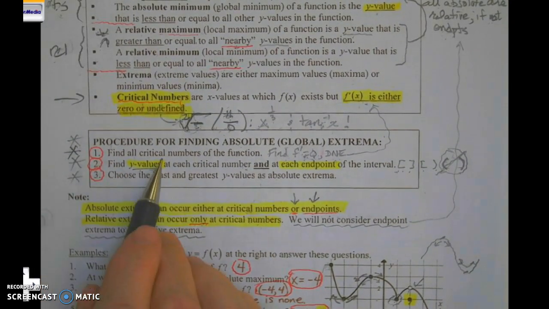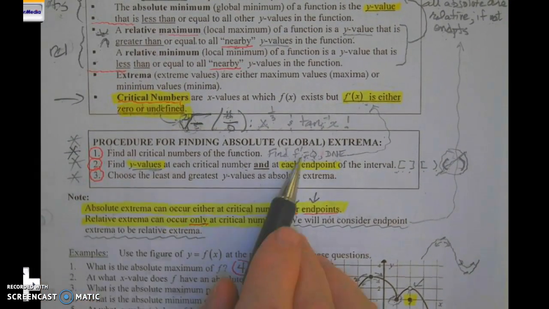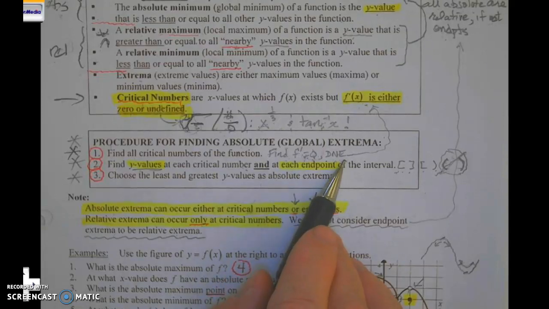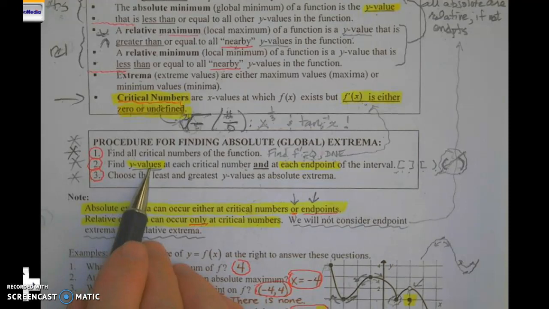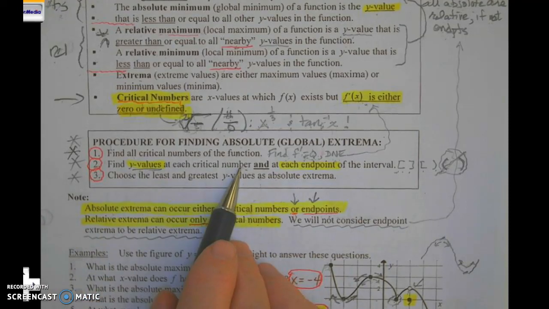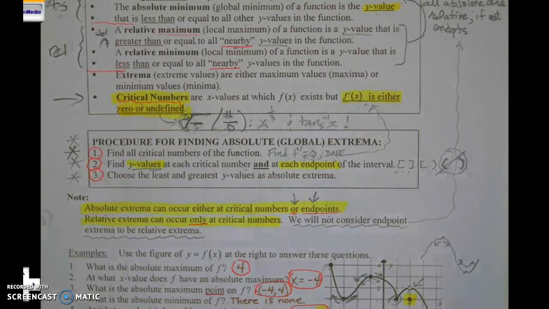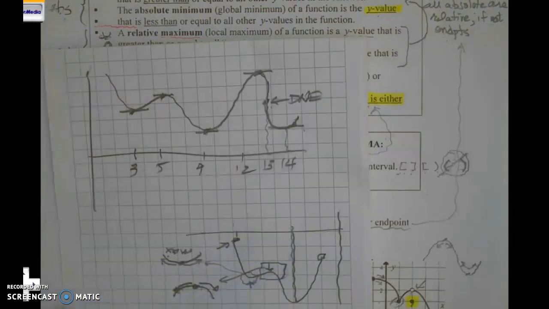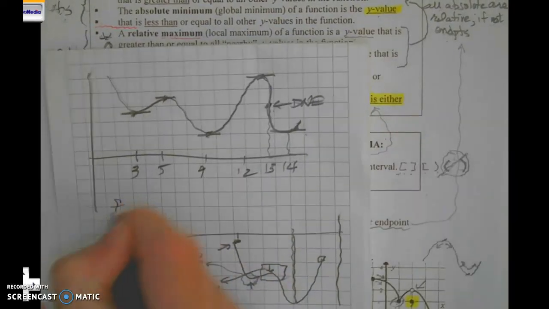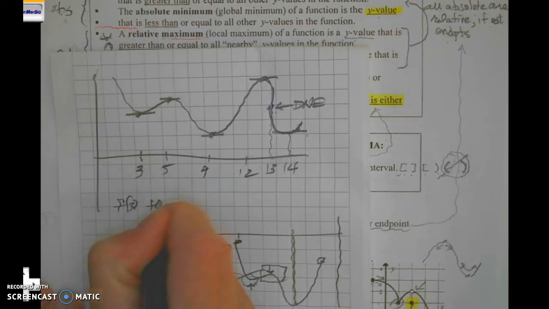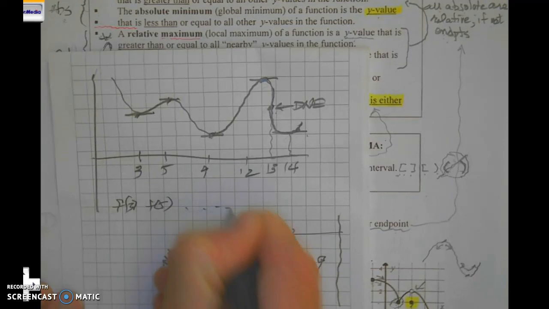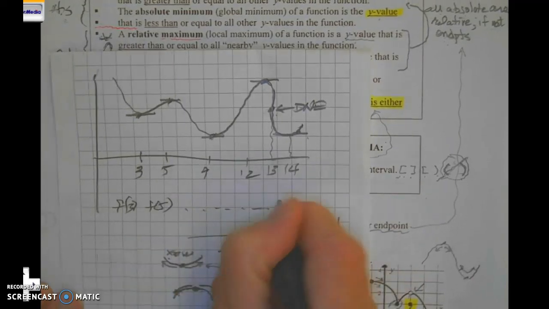You want to find the critical numbers by finding where the slope is 0 or does not exist, just like we did up here. You want to find the y values of each critical number by plugging those critical numbers into the function. For instance, I would plug every one of them in: F at 3, F at 5, all the way to the very last number in the line, F at 14.